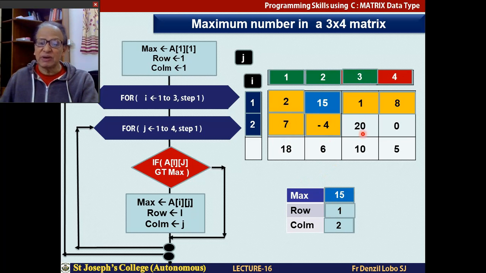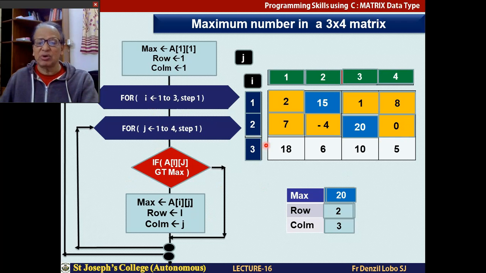A23, I ask this question. Oh yes, A23 is 20, it is greater than 15, therefore assign that 20 here, and row is equal to i and column is equal to j, that is 2 and 3, second row and third column. I proceed to the fourth column, again 0 is not greater than max. I come to the third row now, i is equal to 3.